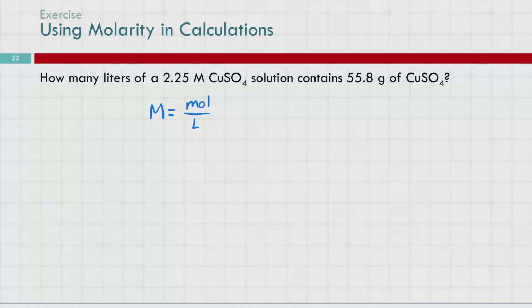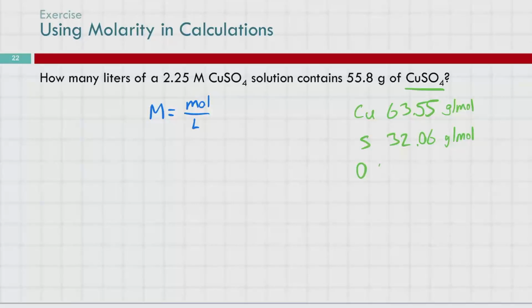If you're stuck on the molar mass, go to Logan's SI session. But I'll also just give you the molar mass. We've got 1 copper, we've got a sulfur, we've got 4 oxygens, I'm going to add all of those up.